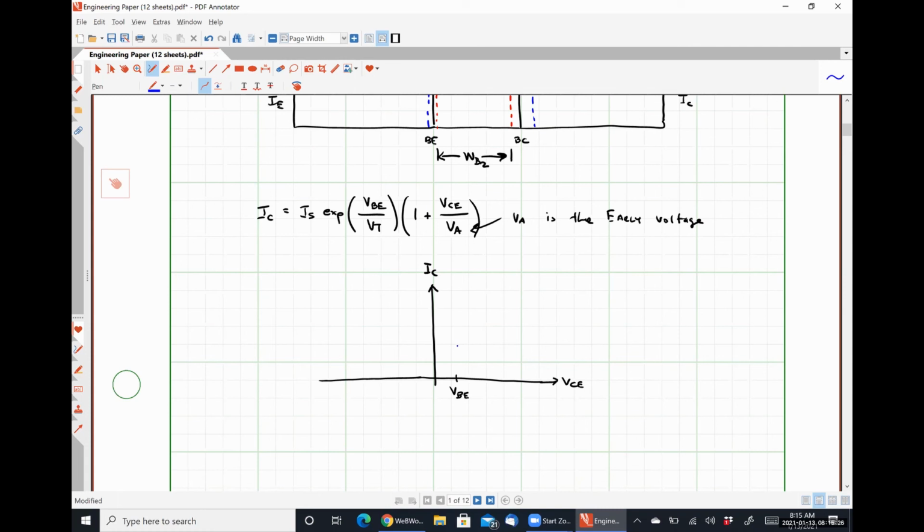So it's going to look something like this for a given VBE with no early effect. And it's going to look something like this. So it's going to have a slope to it for that same VBE with early effect. Okay.